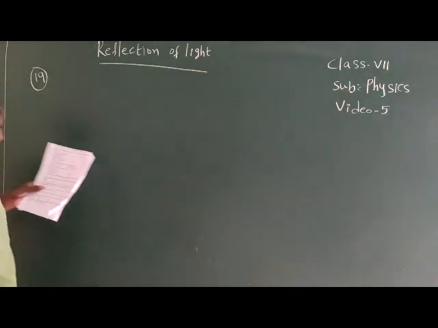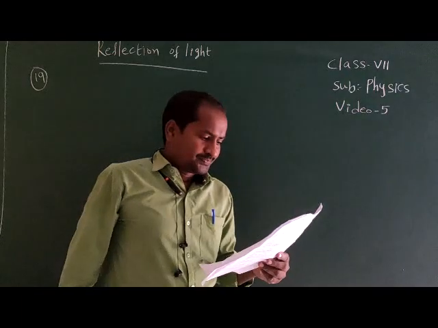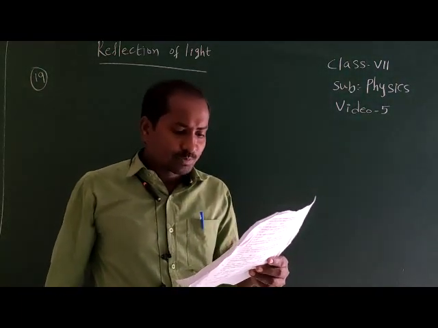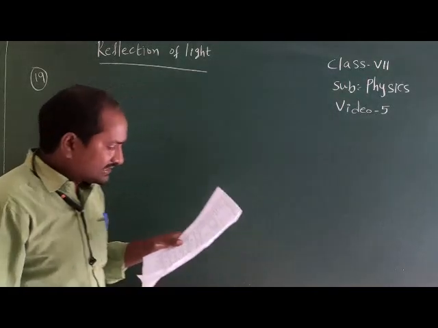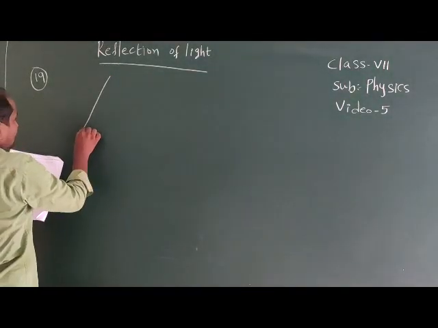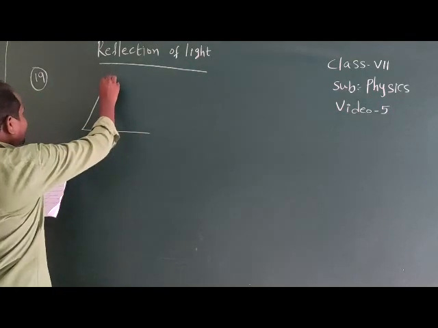Here, a ray of light after successive reflections from the two plane mirrors deviates totally. For example, these are the two plane mirrors.